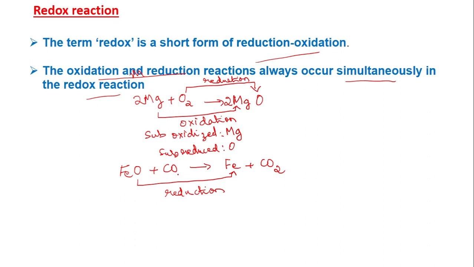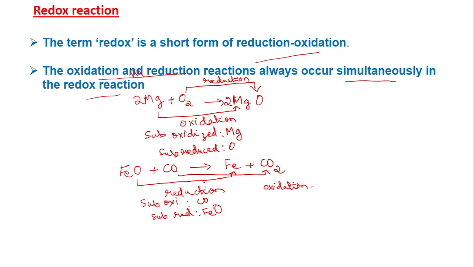Now here oxygen is getting added, so it is an oxidation. Addition of oxygen is an oxidation. So here substance oxidized is carbon monoxide, substance reduced is ferric oxide.